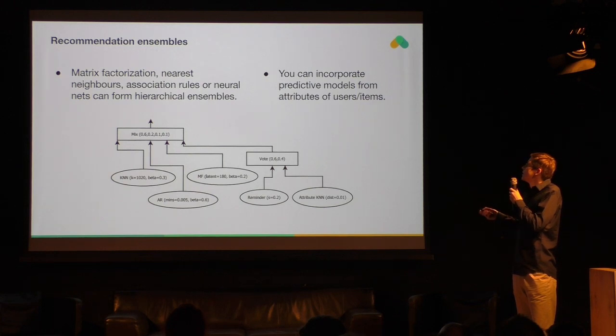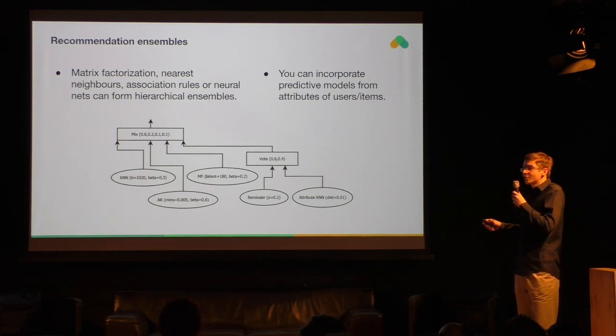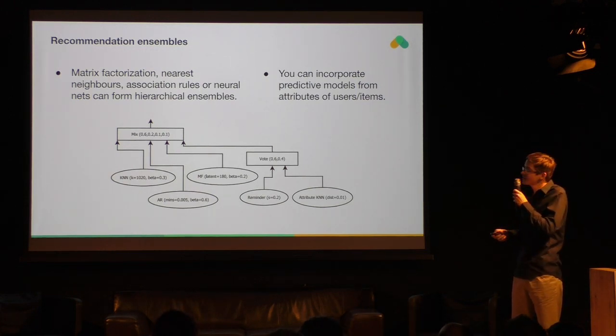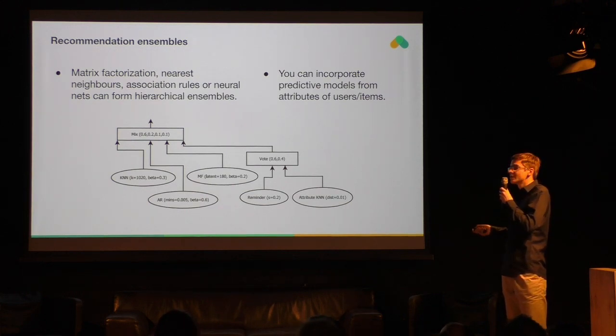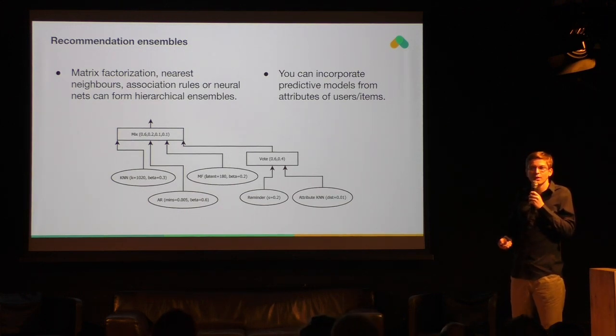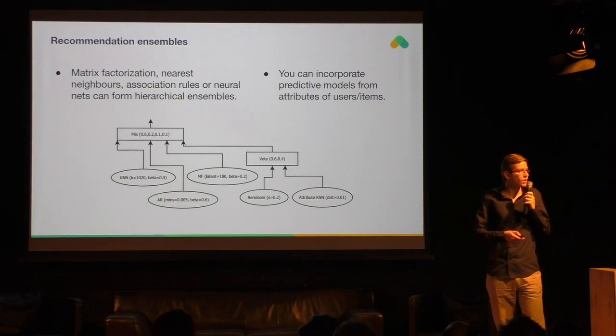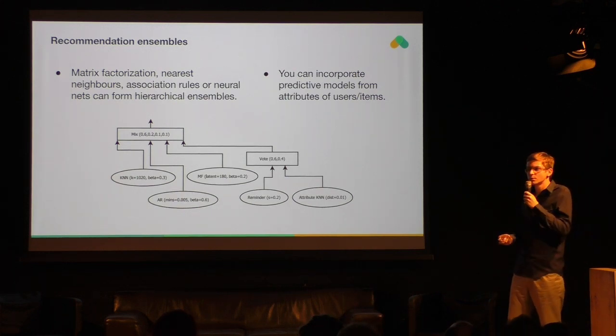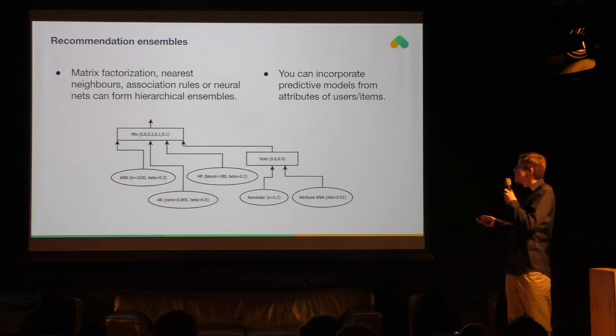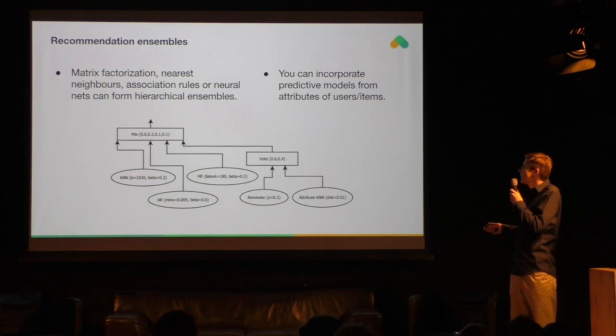And this is actually getting to the more complicated algorithms I was talking about now, and that's ensembles, because all the algorithms that I've been talking about and Pavel has been talking about, you can combine them into ensembles. What does that mean? It means you just take all the algorithms that you want to use.